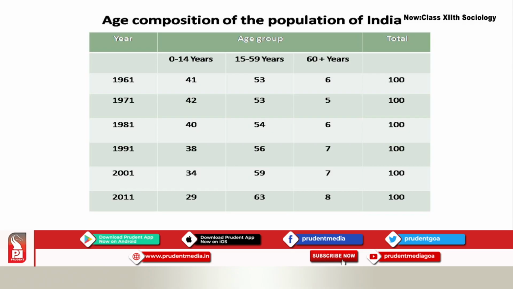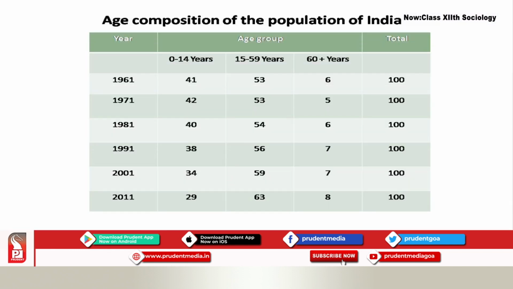In the last category, that is 60 plus years, we have just 5% of people, so we can see the 1% decrease after 10 years in this age group.